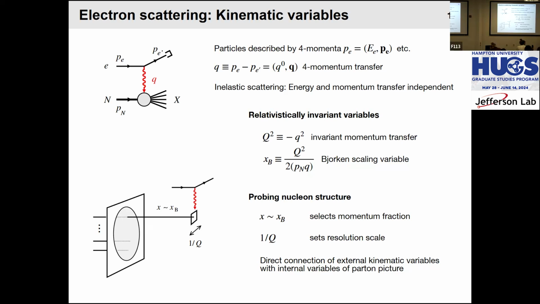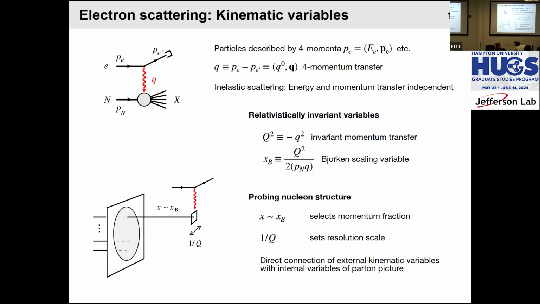So you see that there's a direct connection of the external kinematic variables, Q squared and x Bjorken, with the internal variables in the parton picture. But of course, just as a side remark, these are kinematic variables, they're objectively defined. We can use them in any context, even outside of the parton picture.